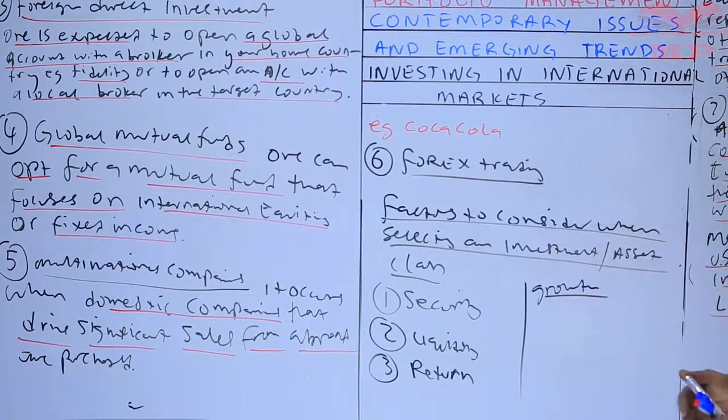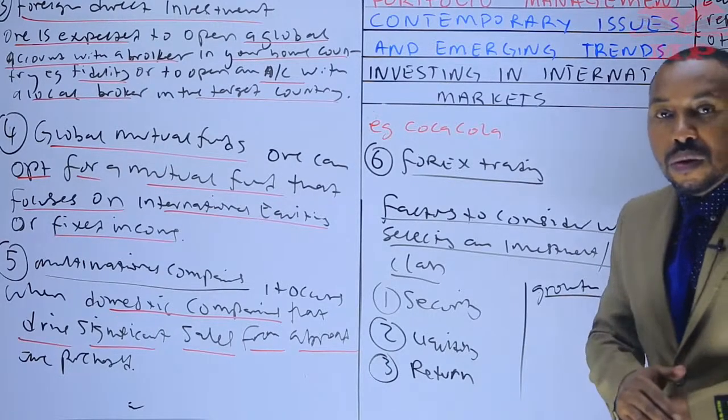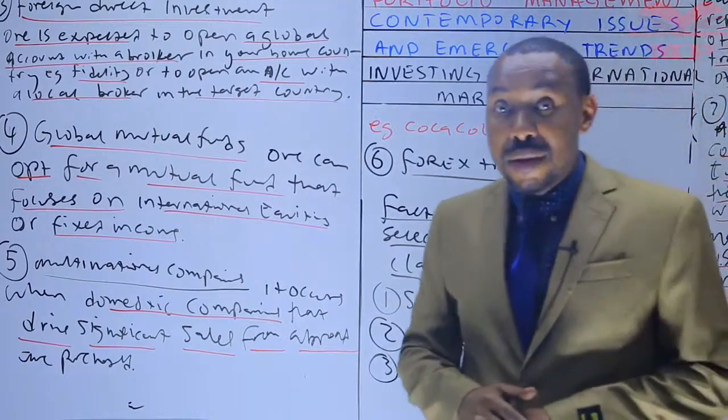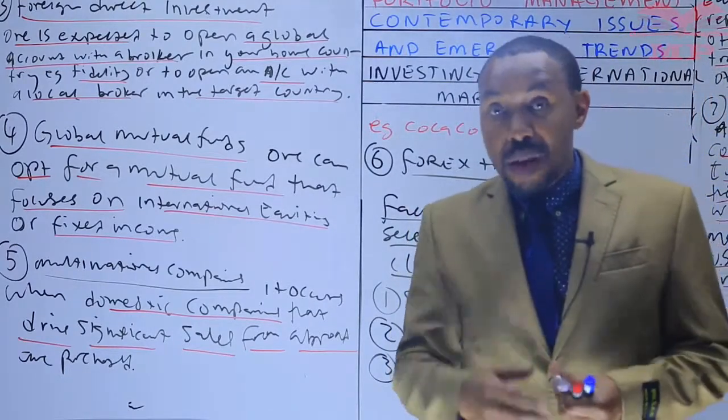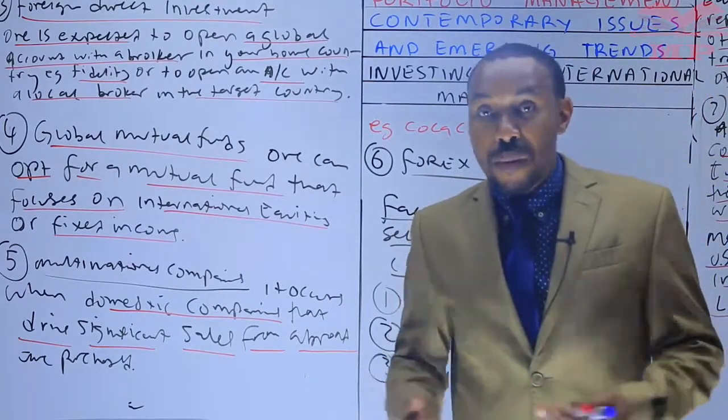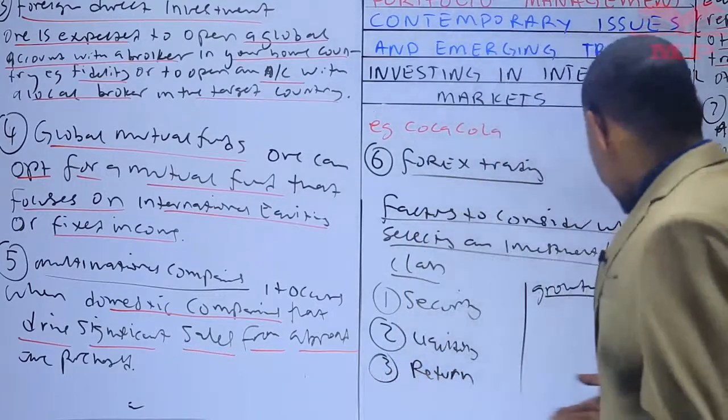Having discussed these factors to consider when selecting an investment, we can end this session, ladies and gentlemen, so that I can give you an assignment for you to review.